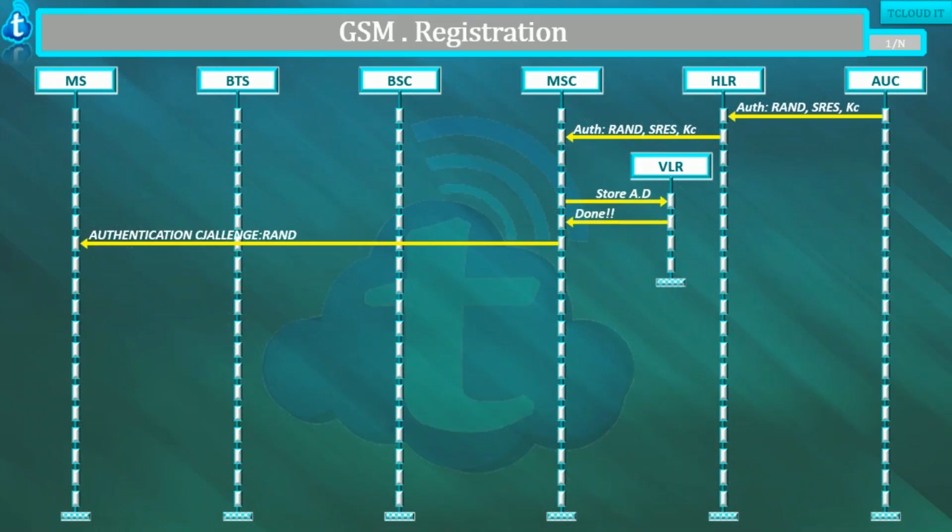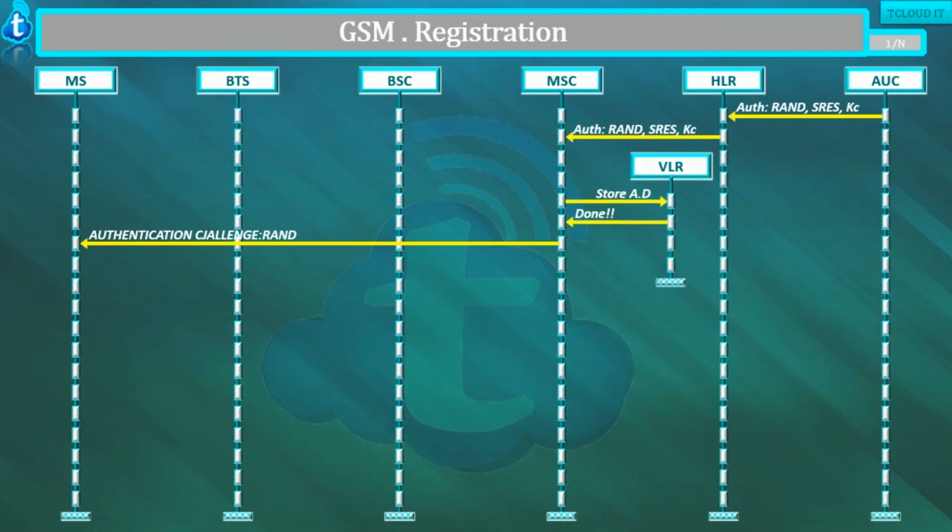Take this random number, and I know that your SIM card has that K stored. K is definitely present in your SIM card. I also know that you have that A3 algorithm and A8 algorithm. You have those algorithms as well with you. So what I want you to do is, I'm sending you this random number because you have that A3 algorithm available with you.